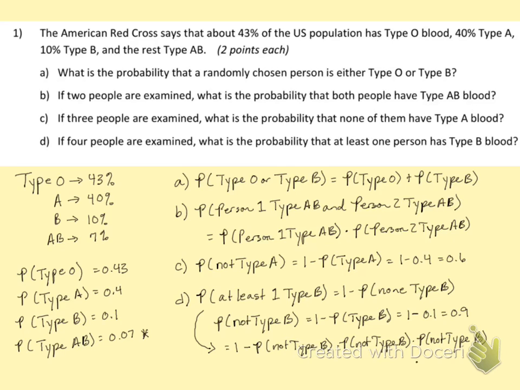Times 1 more, probability of not type B. So you're going to take 1 minus this 0.9 times itself 4 times. So I'll let you finish up that problem. Please let me know if you have any other questions on this homework problem.